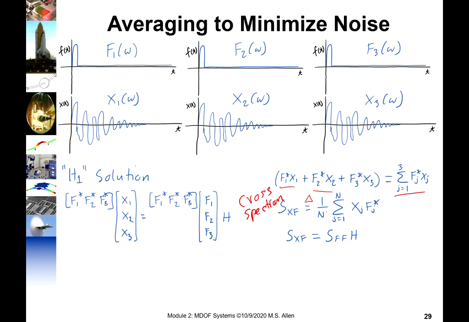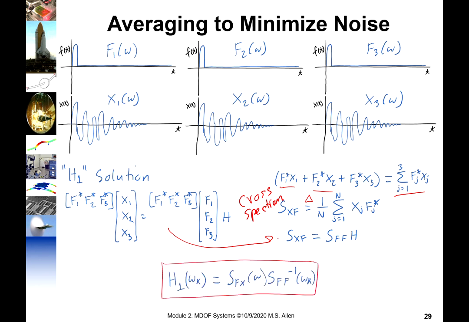So our equation here just becomes this scalar equation, and we can solve that this way, and I've written it in a special way because in a minute we'll see that this equation will also hold for a multi-input, multi-output case.